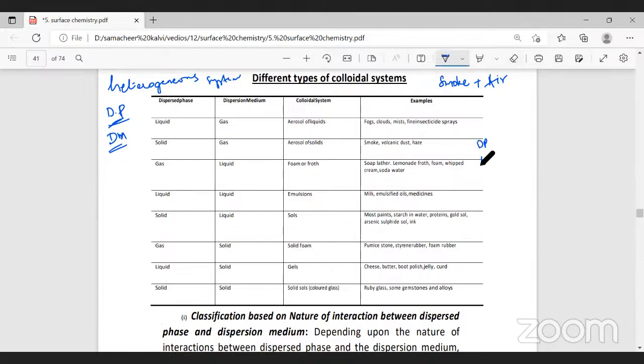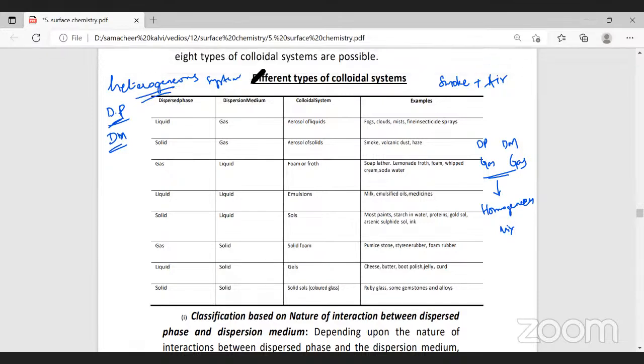This cannot form a colloidal solution because it forms a homogeneous mixture. Already we defined that a colloid is a heterogeneous system, but gases mix with each other in any proportion, forming a homogeneous mixture. So gas and gas cannot form a colloidal system.